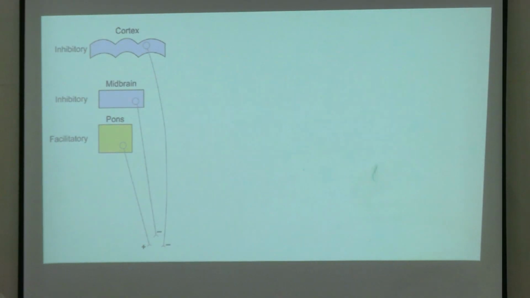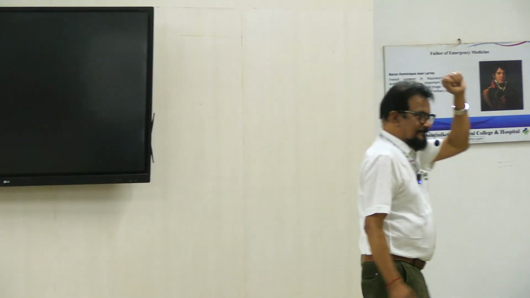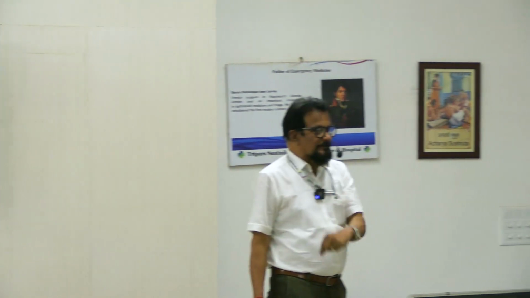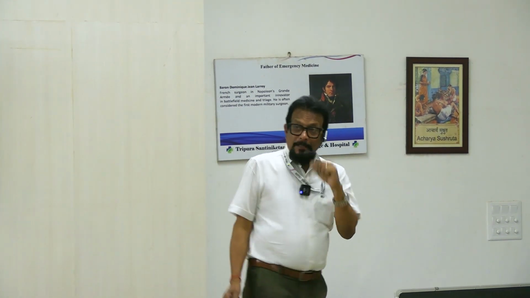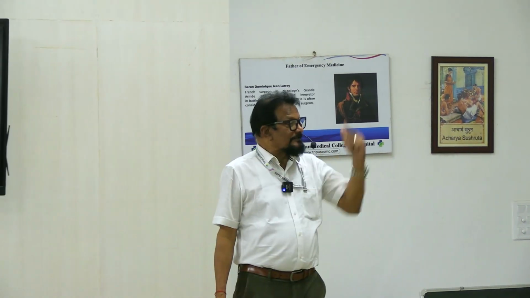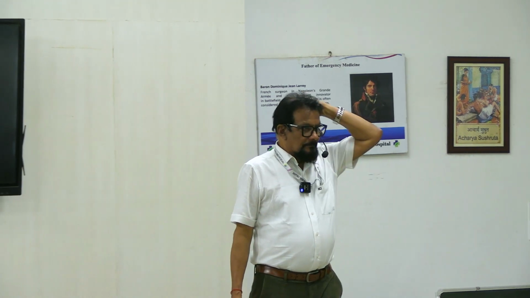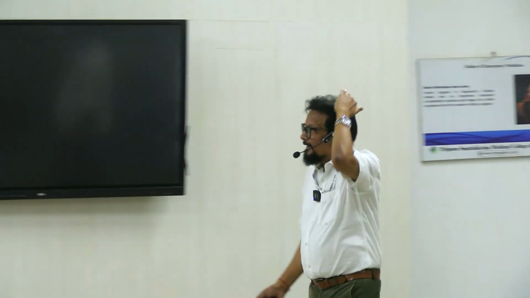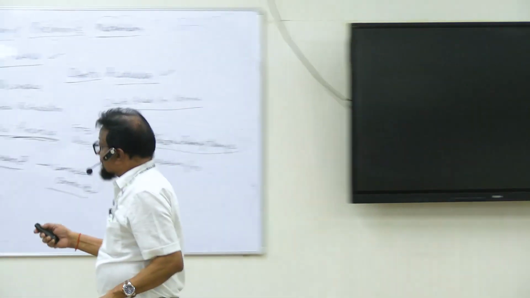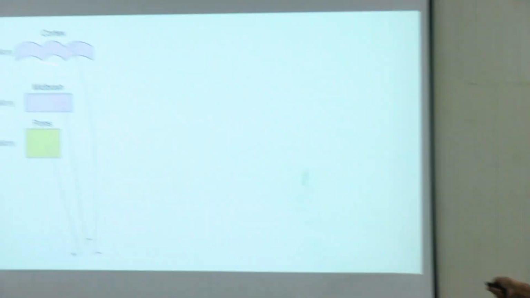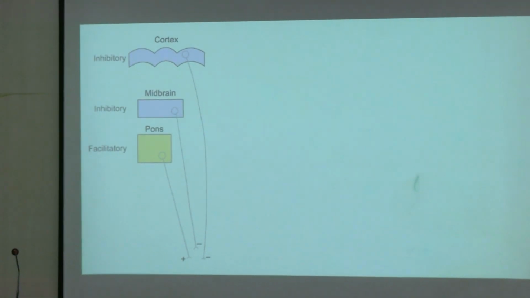These spinal centers are under the control of higher centers. They can influence the activity of the spinal centers. Okay. How? What are the centers? As I said, cerebral cortex, midbrain, and pons. See, the direction coming from cortex is inhibitory.